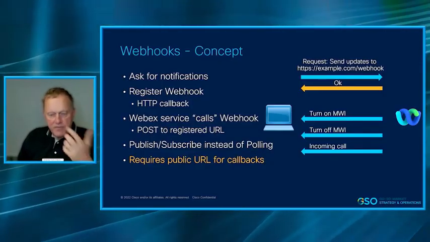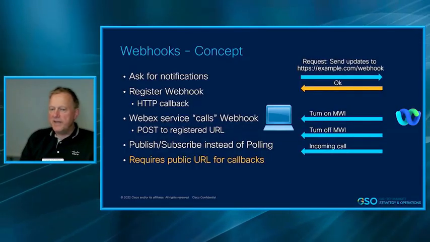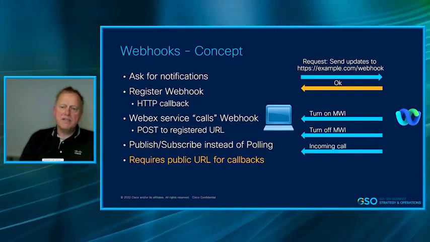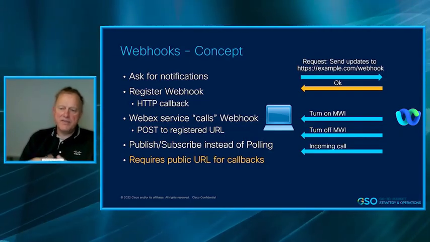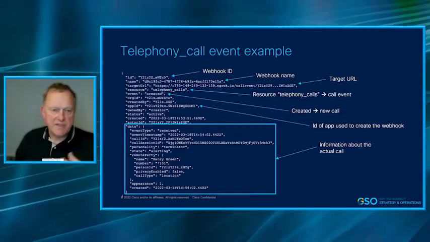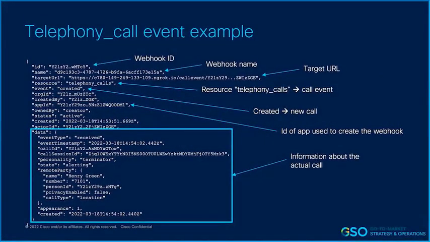All right, but what would these events actually look like that we get when we register call event webhooks and then stuff's happening on the platform? Here's an example of a JSON formatted event that we get back when an event occurs in the cloud. We see a webhook ID, and a webhook name, which is the name you gave when you created this webhook.